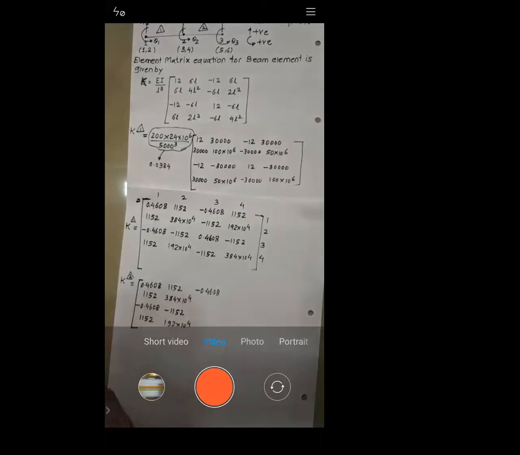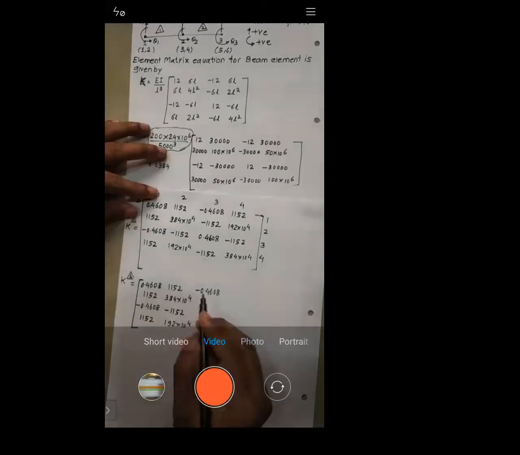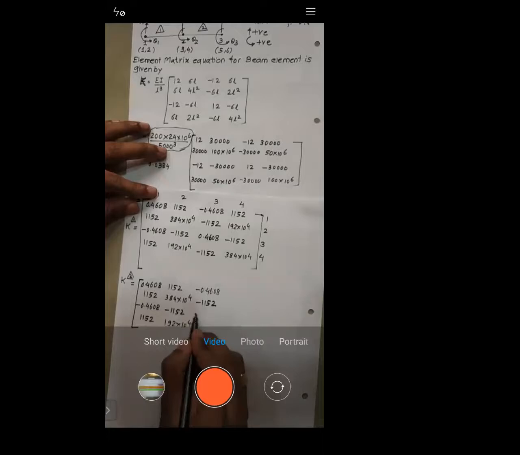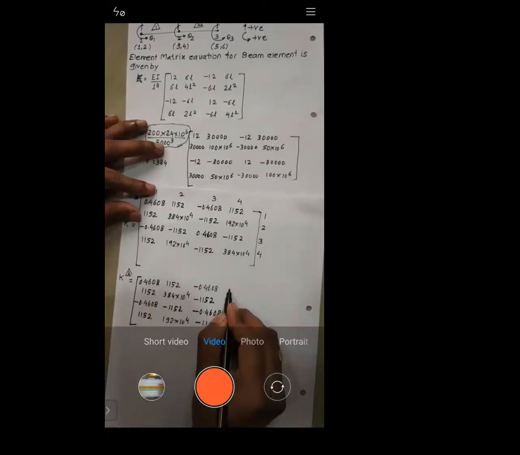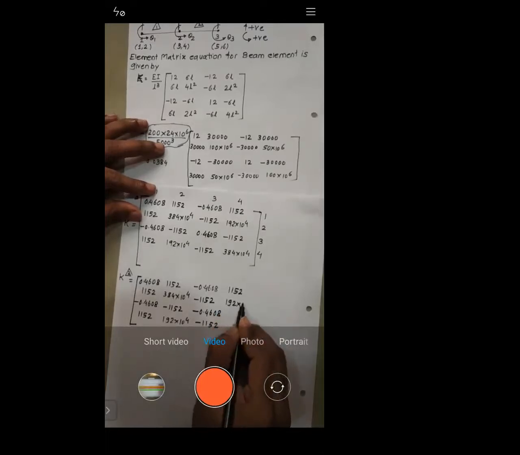Next we have minus 1152, minus 0.4608, minus 1152, then 1152, 192 into 10 to the power 4, minus 1152, 384 into 10 to the power 4.